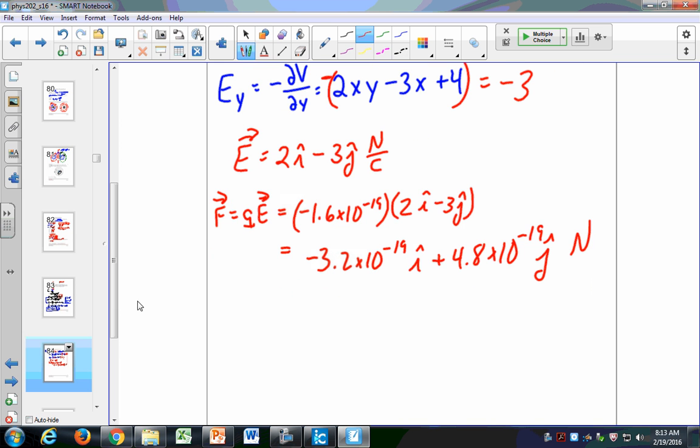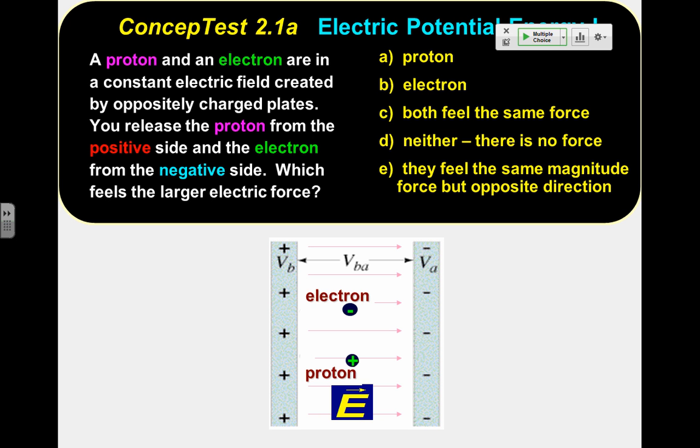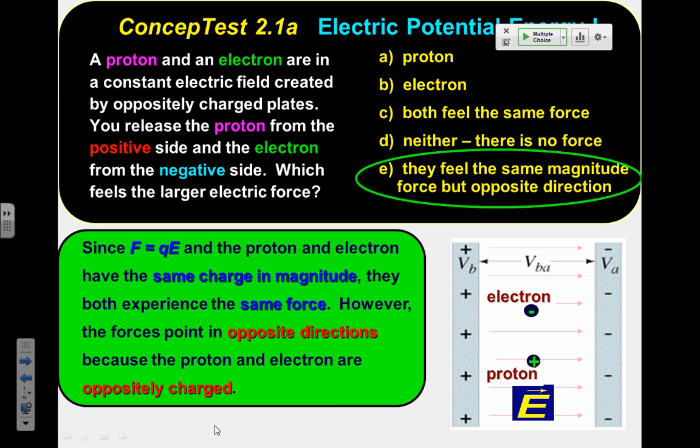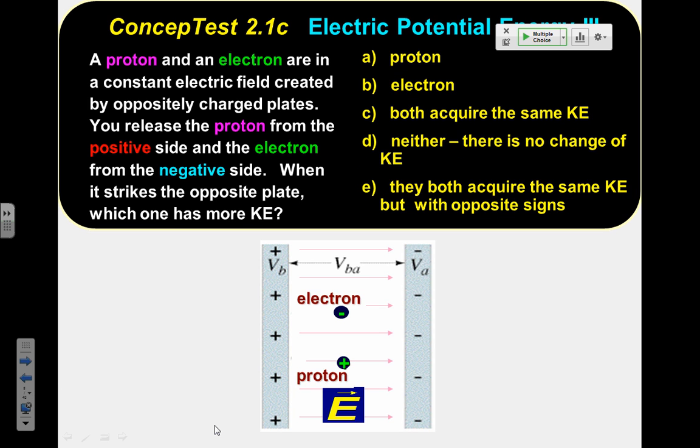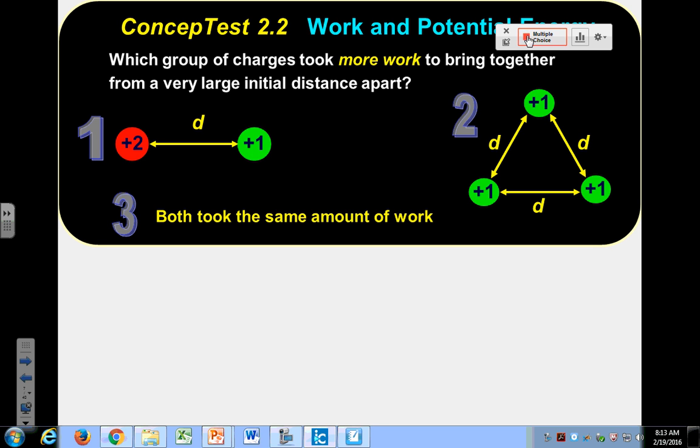Okay, let's have a few clicker questions regarding this stuff, and then we'll move on into capacitance. You've done all these, right? I think we left off on this one, 2.2. All right.